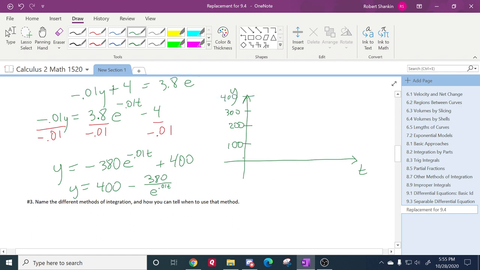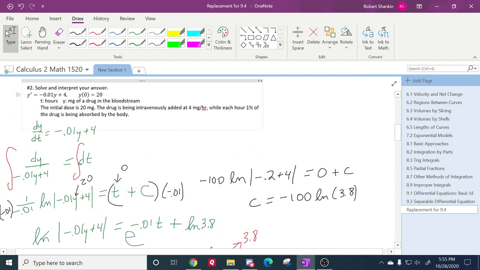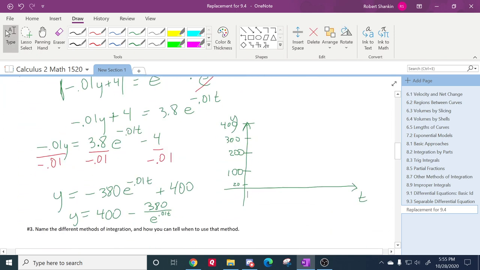And 20 is way down here. And this thing is going to start at 20, because that's its initial condition. Y of 0 is 20, right here.